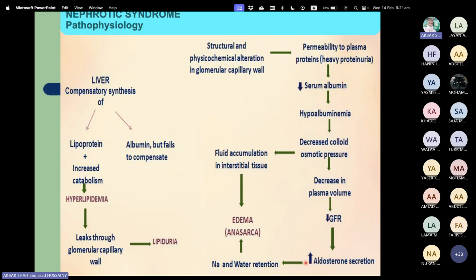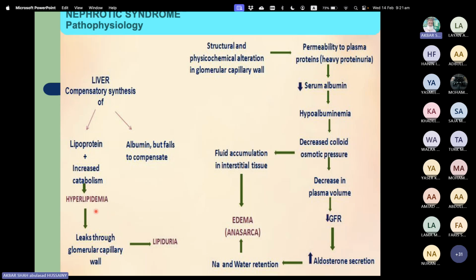It becomes increased, the aldosterone increases, tries to retain some water and sodium, and more edema will occur. So edema is occurring from both sides. There's a decrease in the volume and also because of the aldosterone. So there is edema. When it is severe, we call it anasarca. Anasarca means there's severe edema.